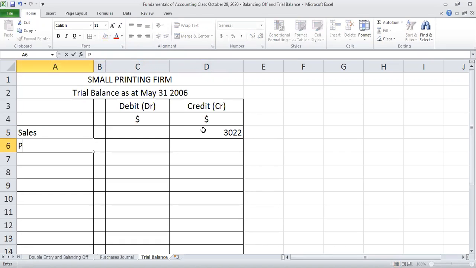After sales, now we have purchases. We're going to go back to our double entry balancing off.